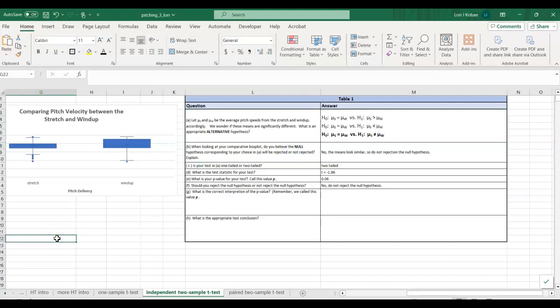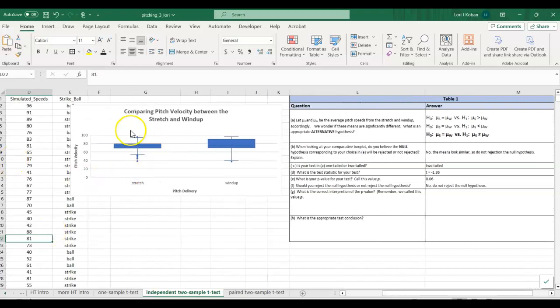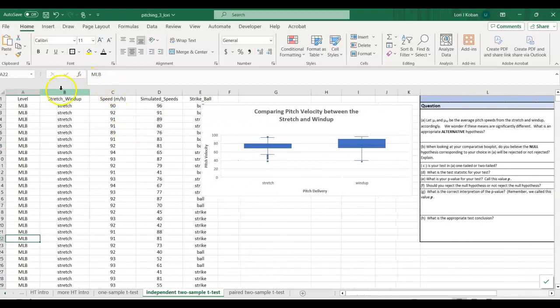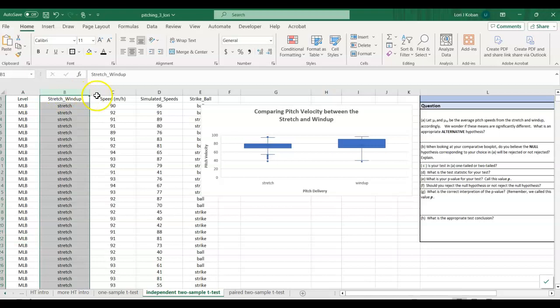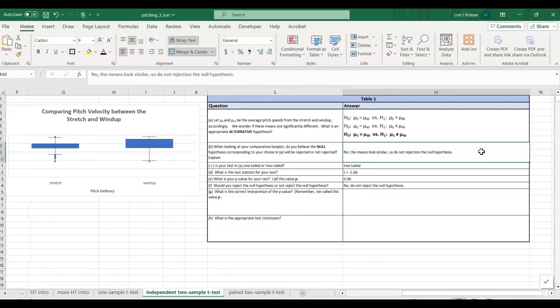Pause me and go ahead and make this comparative box plot that compares the stretch windup category and the speed category, and you'll get something like this. Though it looks like the windup has a lot less consistency than the stretch, the means do look quite similar.